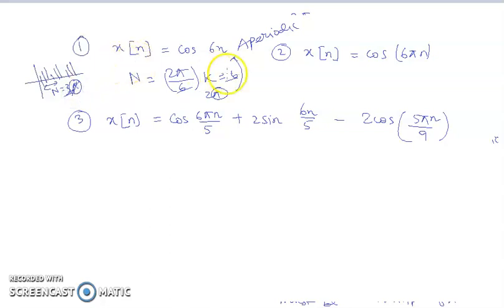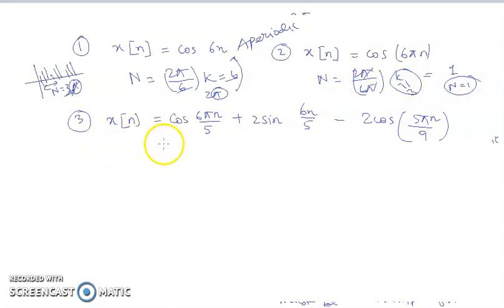Okay, for this signal N is equal to 2 pi by omega, here 6 pi into k. So pi cancels, 1 by 3 into k, means for k is equal to 3, it is equal to 1. Put k equal to 3, then it is equal to 1. So time period N1 is equal to 1 only.